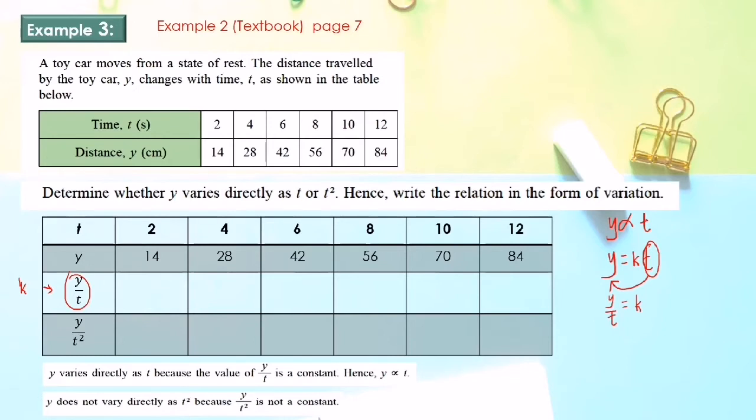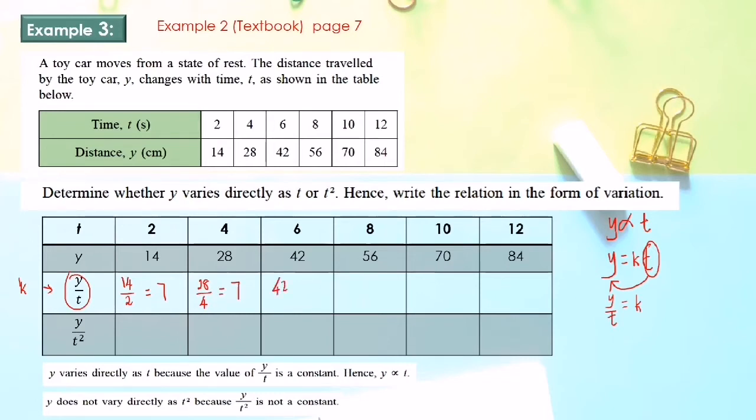So now we count one by one. Okay, for the first one, 14 over 2 equals to 7. Okay, for the next one, 28 over 4 equals to 7 also.